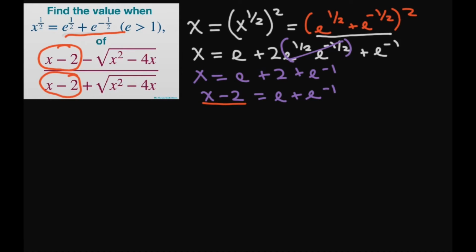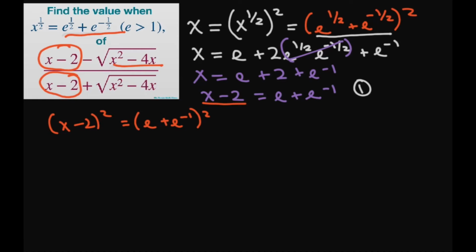All right, so now what we want to do is call this equation 1, and we want to square both sides of the equation, because that's going to give me my x squared minus 4x. So if I take x minus 2 and square it, equals e plus e to the power of negative 1 squared.